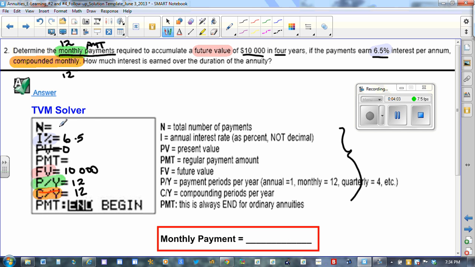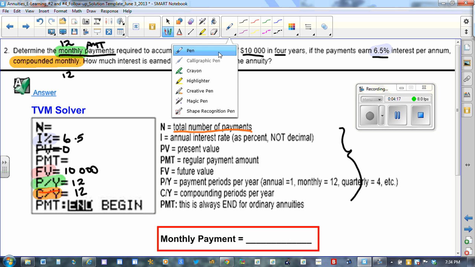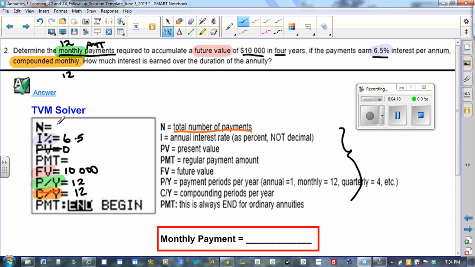N represents the total number of payments. So in this case, we're going to take the number of payments per year, and we recognize that that's going to be 12 in this case. And we're going to look at how long the investment is for, so 4 years.